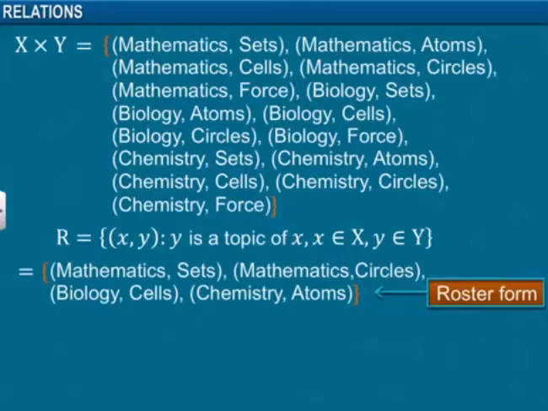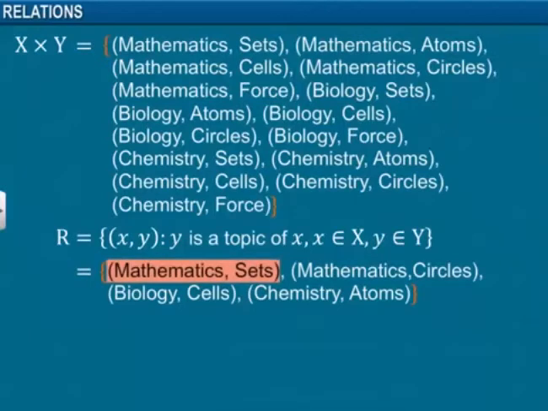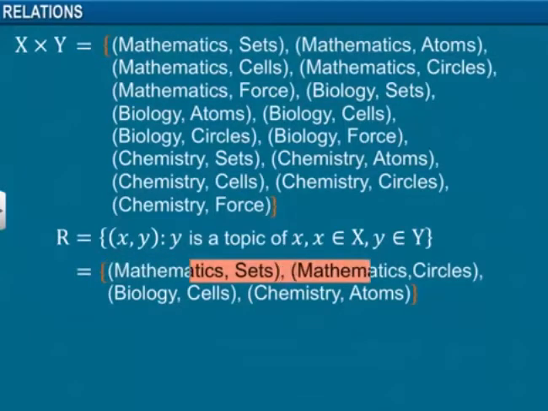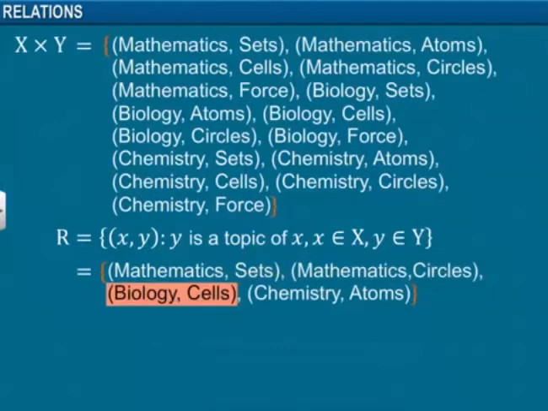It has 4 ordered pairs: (mathematics, sets), (mathematics, circles), (biology, cells), (chemistry, atoms).